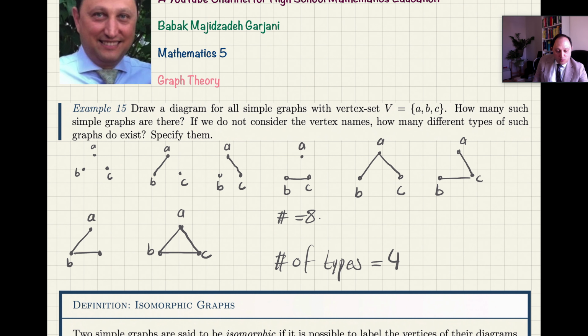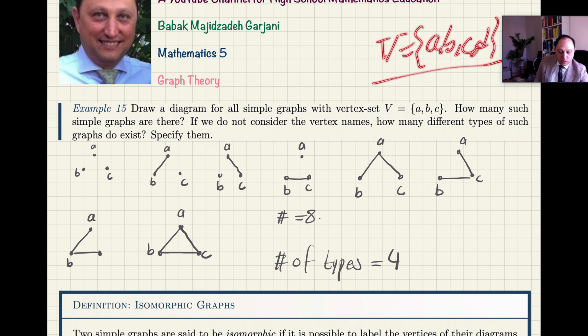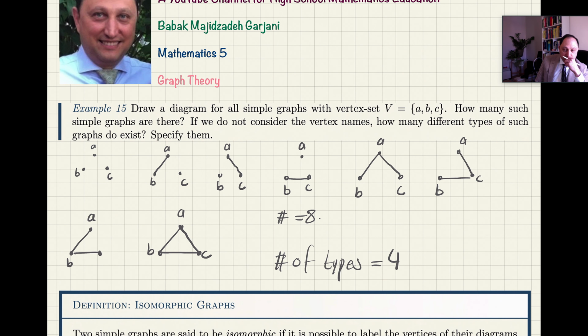For example, what is your guess about this? If I give you 4 vertices A, B, C, and D, and I ask you the same question, how many such simple graphs on 4 vertices can you construct, considering the labels? Oh, no. Isn't it 2 to the power of q? No. Ah, okay. No.